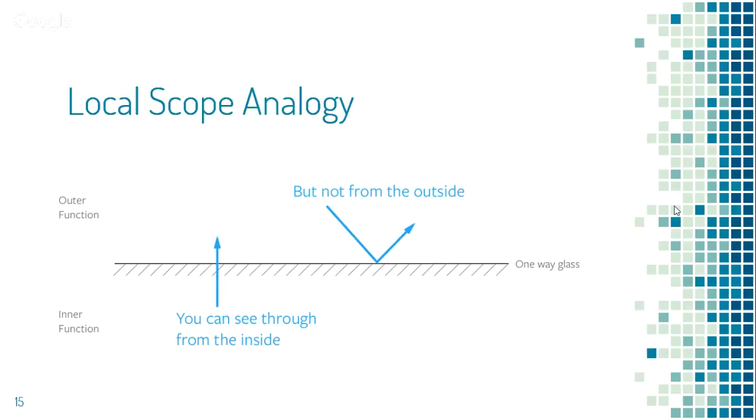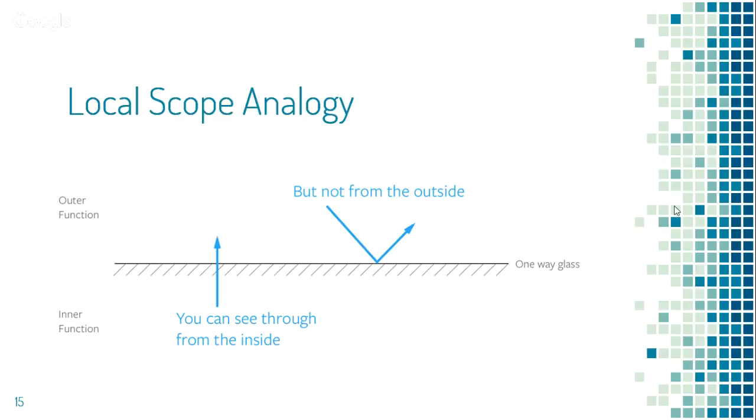So after we know a bit more about local scope and global scope, here's a handy analogy when thinking of the concepts of local and global scope. We think about a one-way mirror, a mirror that, depending on which side you're on, you see beyond it or you don't.